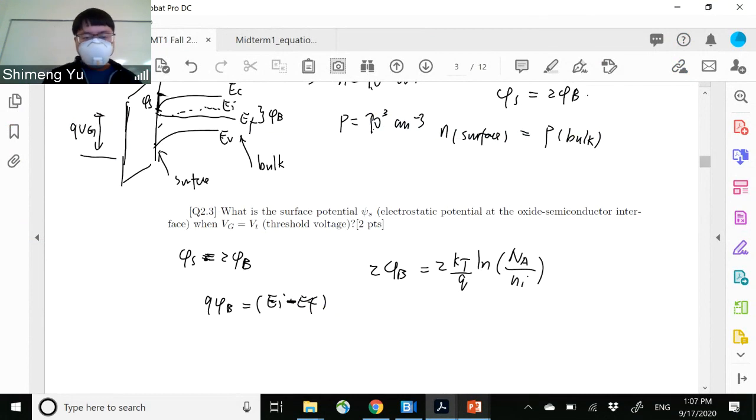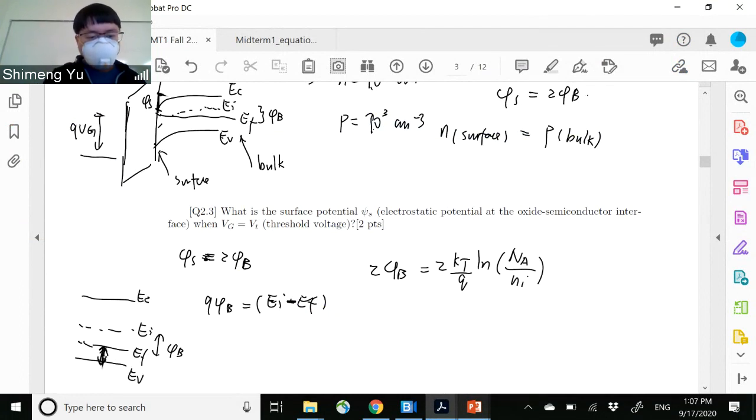You can also get the phi b by a different method. I think the numbers will be close. So if you think about this is EI, this is EF, and then you have this phi b here. So what you can do is you can get this distance first.